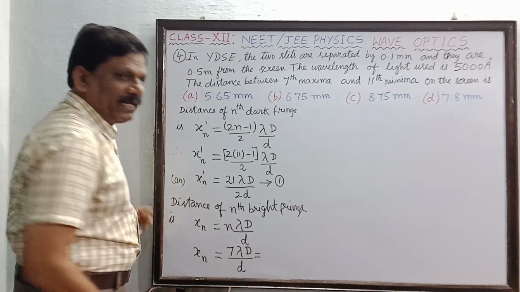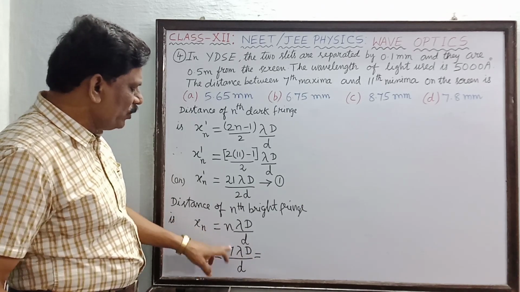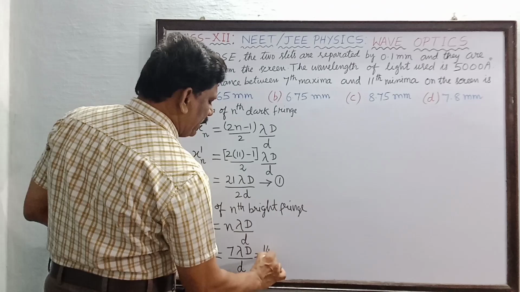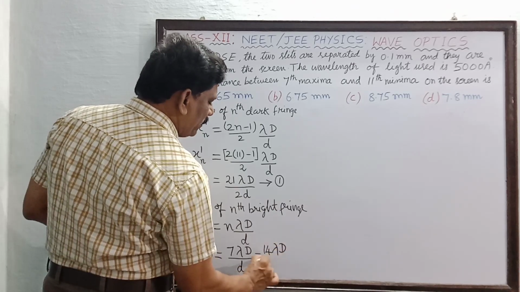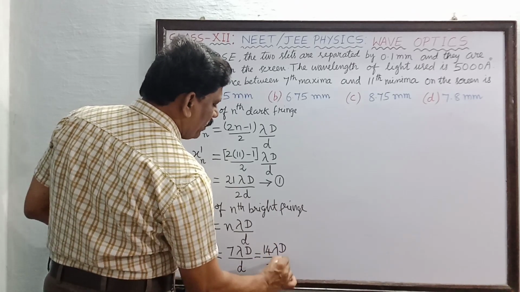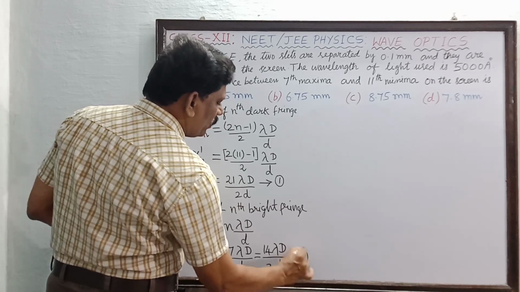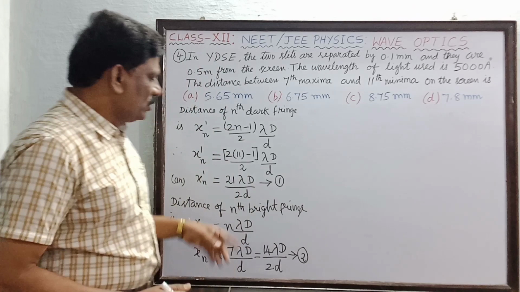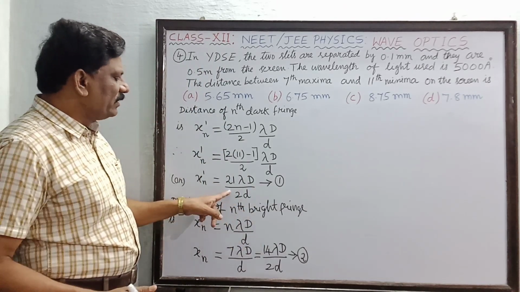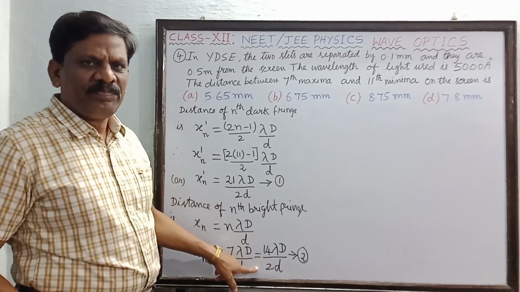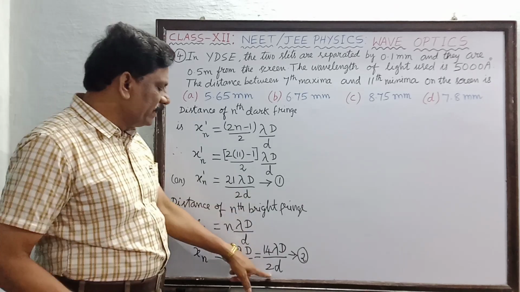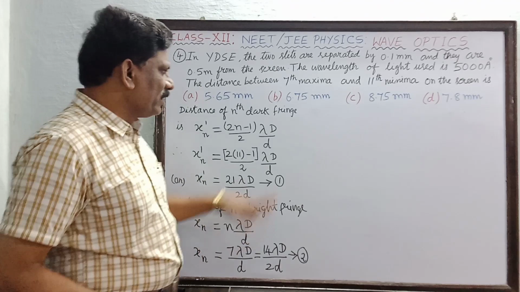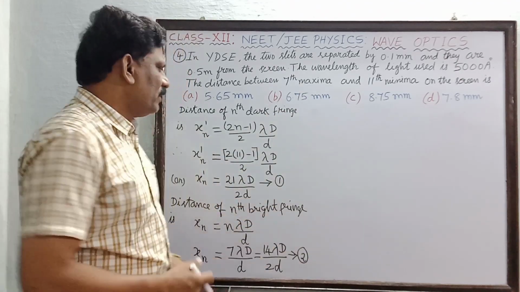Now I will multiply the numerator and denominator by 2, so that 7 2s are 14 lambda D divided by 2d, and this is equation 2. Why I have multiplied by 2 is to keep the same denominator for the dark as well as the bright fringe. So here also 2d, here also 2d. That is our wish only. Mathematical calculation also we can substitute, no problem.